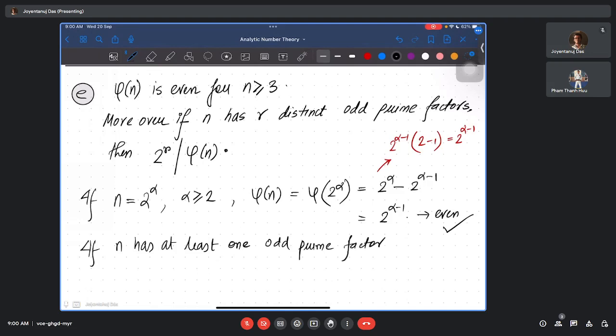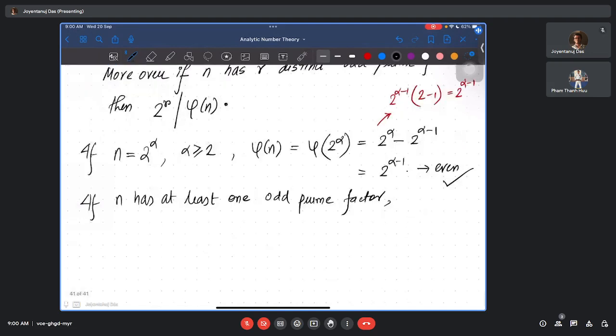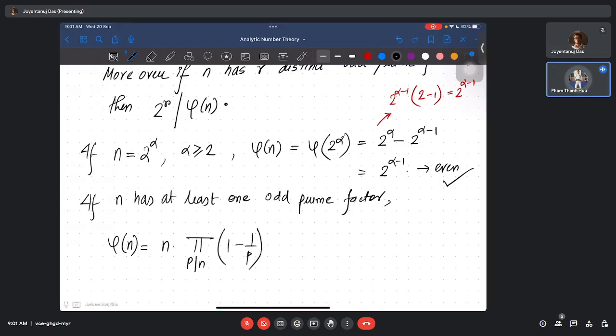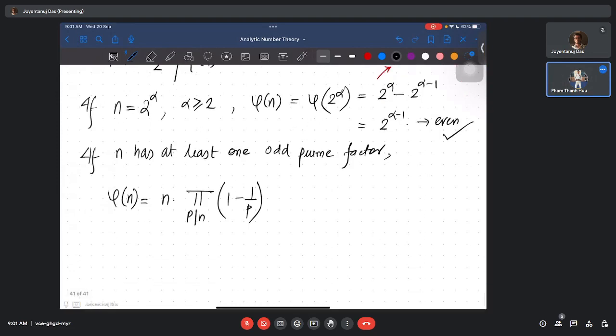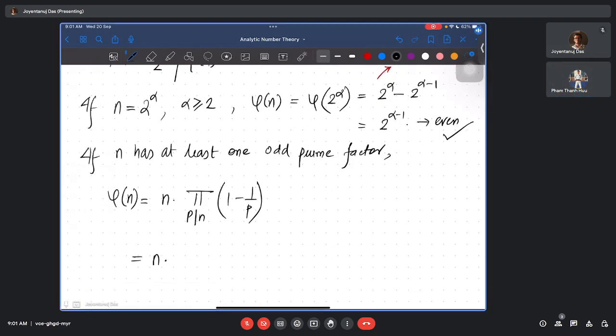If it has an odd prime factor, then by definition or by the formula, I have phi of n is n times the product over p dividing n of 1 minus 1 by p. So this I can write like this: the product over p dividing n of p minus 1 by p.